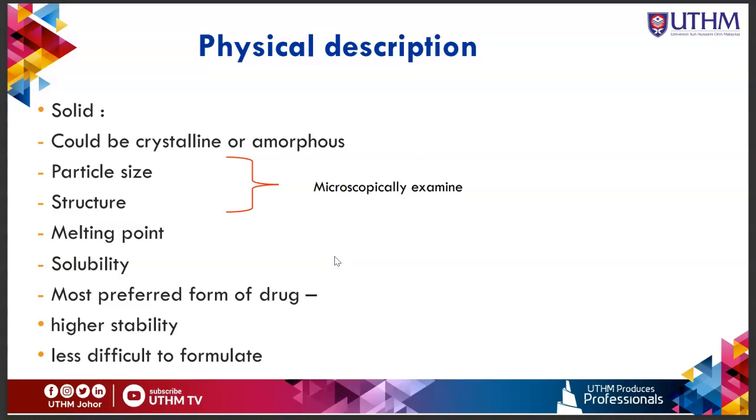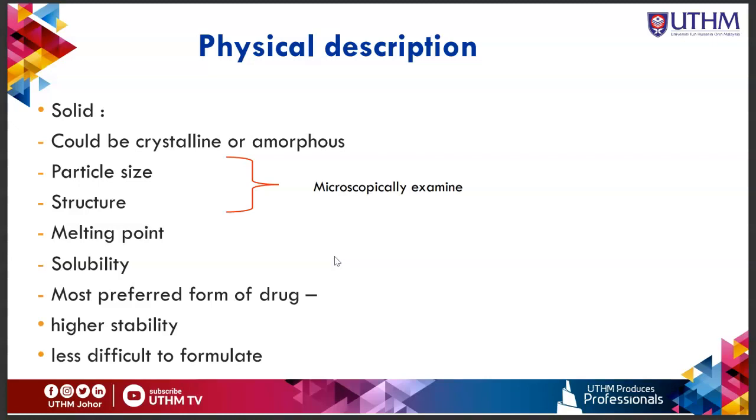As for the physical appearance, it involves the visual characteristic of a drug substance, such as its color, its odor, its texture, its particle size, and it provides initial information about the purity and the quality of the substance.